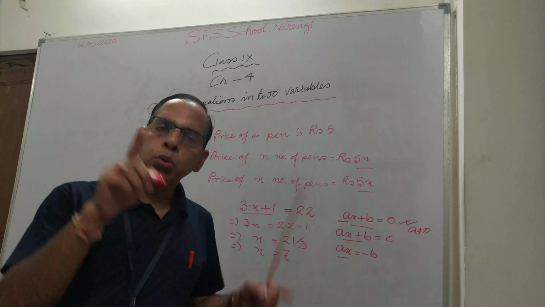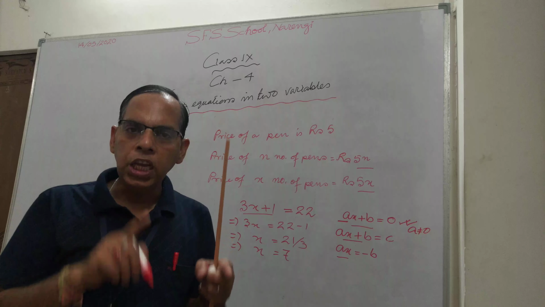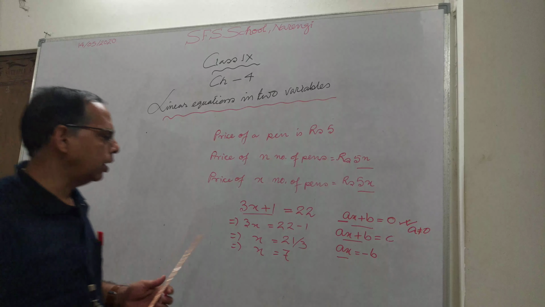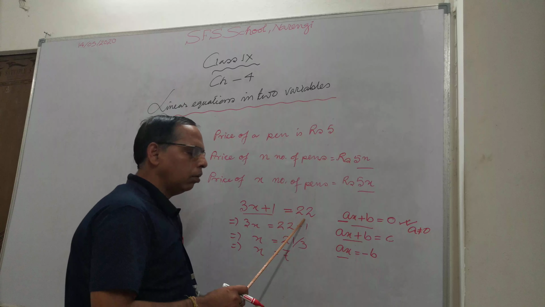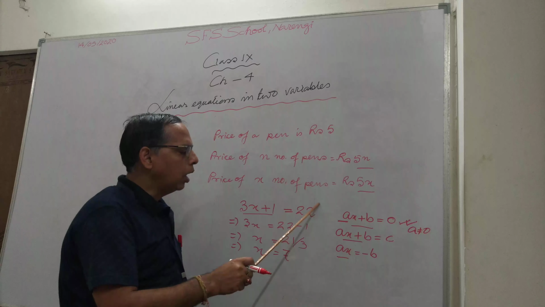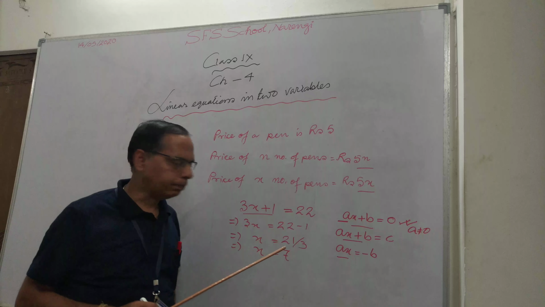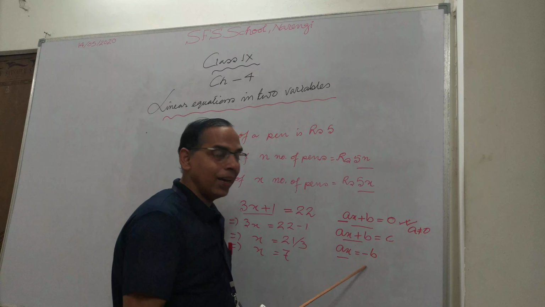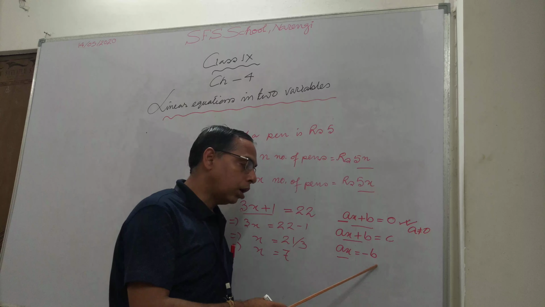When two algebraic expressions are equal, that forms an equation. See, 3x plus 1 equal to 22. That means this whole expression is equal to 22, and that is the reason it is an equation. Then here, ax equal to minus b. Minus b is one term.